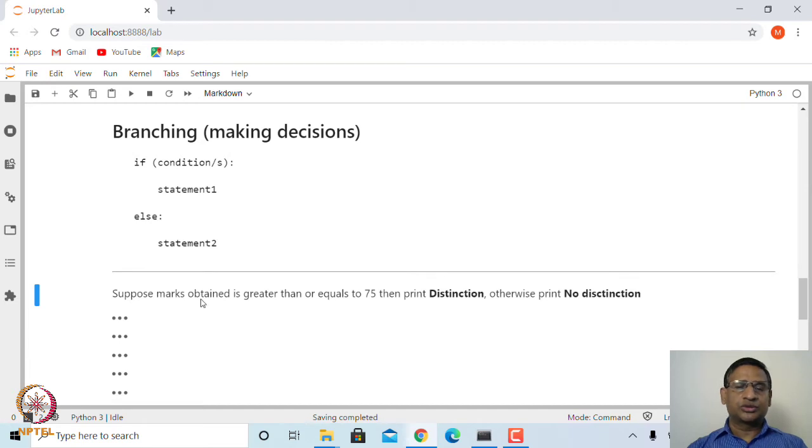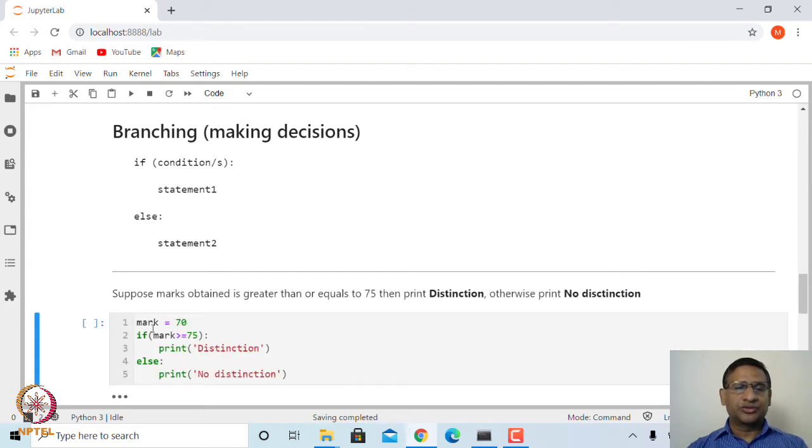Suppose we want to print distinction in case the marks is greater than equal to 75 and print no distinction otherwise. So, how do I write Python code for this? Marks is, let us say, 70, and if, in the bracket, marks greater than equal to 75, then print distinction, and otherwise, that is else, again colon, print no distinction.